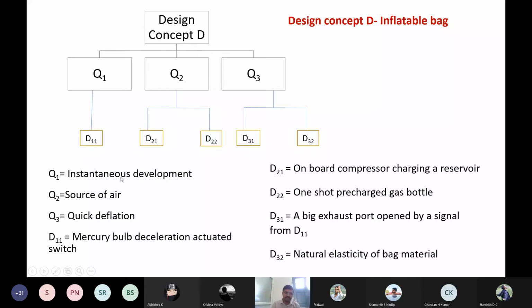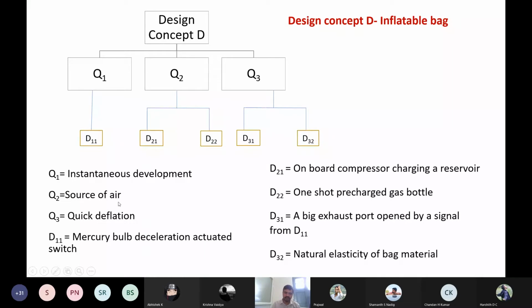Q1 is instantaneous development. Suddenly, when there is an accident, the bag should develop. That means air should get filled inside the airbag. Next, source of air. Next, quick deflation. These are the three functional requirements. So this is an old solution. It need not be the present solution.